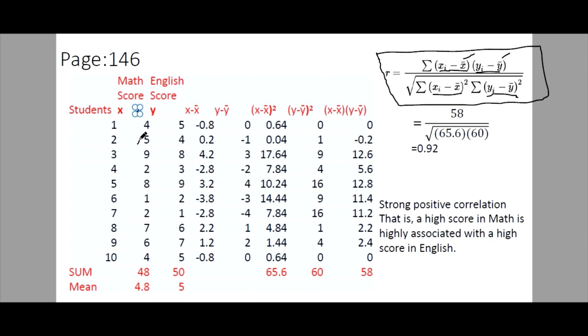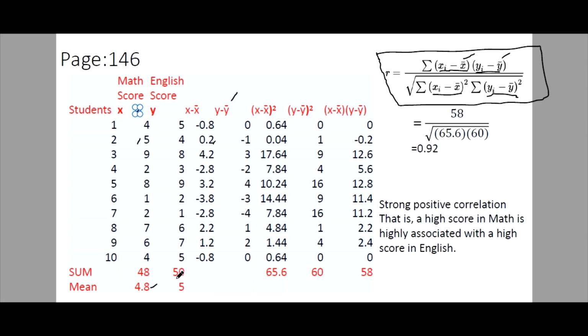Next, 5 minus 4.8 is 0.2. 9 minus 4.8 is 4.2, and so on.